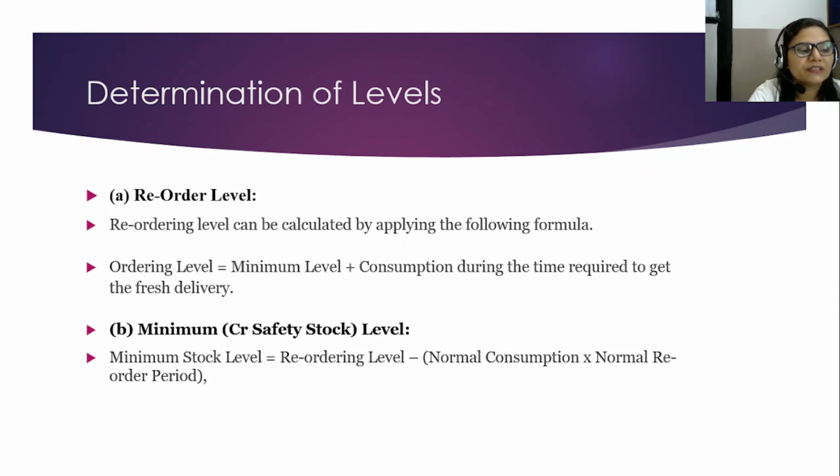This level is fixed somewhere between the maximum and minimum level in such a way that the difference of quantity of materials between the reordering level and the minimum level will be sufficient to meet the requirements of production up to the time the fresh supply of material is received. Reordering level can be calculated with the help of the following formula: minimum level plus consumption during the time required to get the fresh delivery.